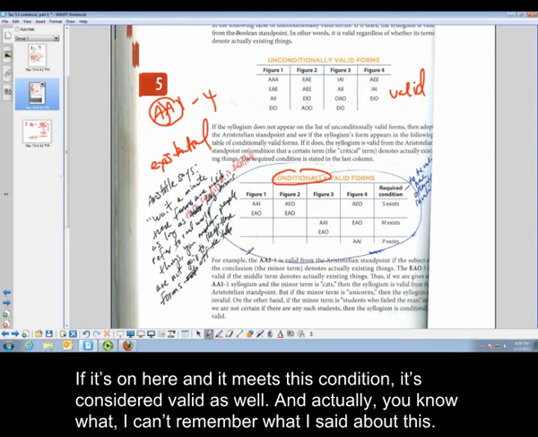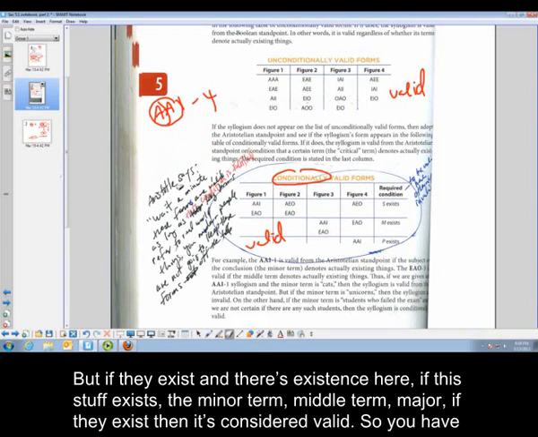If it's on here and it meets this condition, it's considered valid as well. And actually, you know what, I can't remember what I said about this, but if they exist and there's existence here, if this stuff exists, the minor term, middle term exists, then it's considered valid.